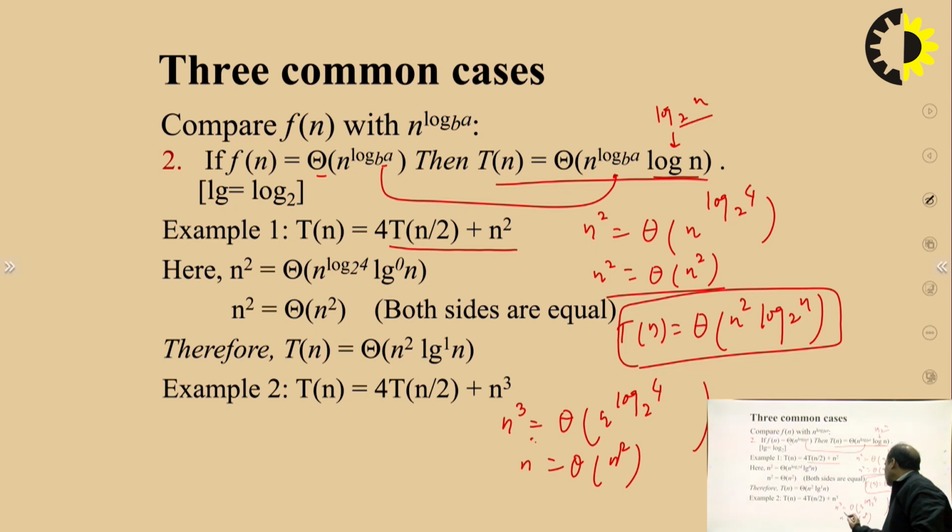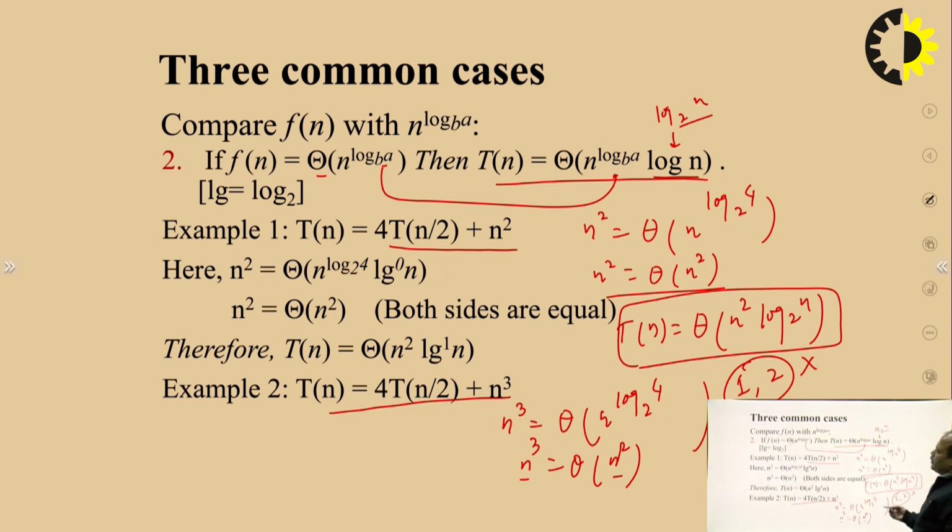And this is n cube. So in fact, n cube is not equal to n square. Even case 1 is not applicable because n cube is not less than n square. So case 1 and case 2, both are not applicable over here. These two cases are not applicable in this kind of recurrence, right?